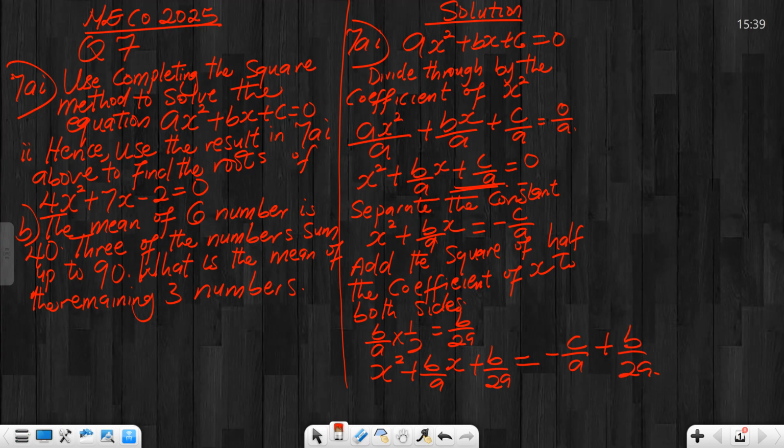And don't forget, the question says add the square. That shows that if I square this, then this one too has to be squared, and this also has to be squared. So what would that give me?